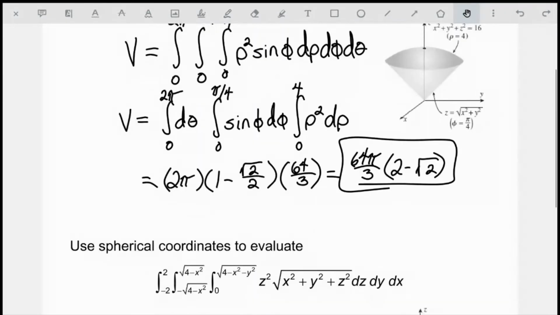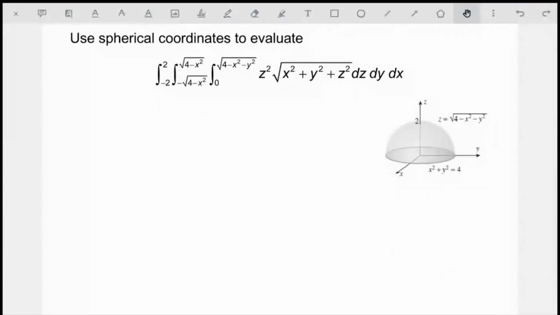Okay, so let's look at another one. It says use spherical coordinates to evaluate this triple integral. Now this is a little bit more involved because you've got a z squared here, but you can see you've got a square root of x squared plus y squared plus z squared in your integrand. So we know how to convert that. We have to remember how to convert z to get it in terms of spherical coordinates.